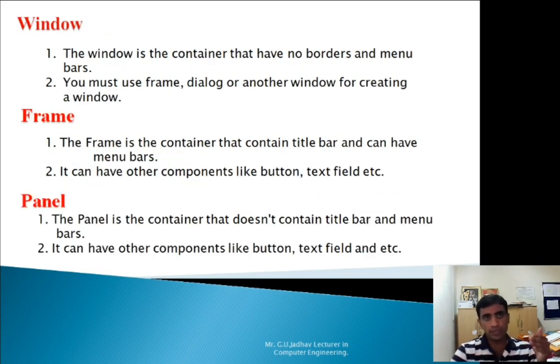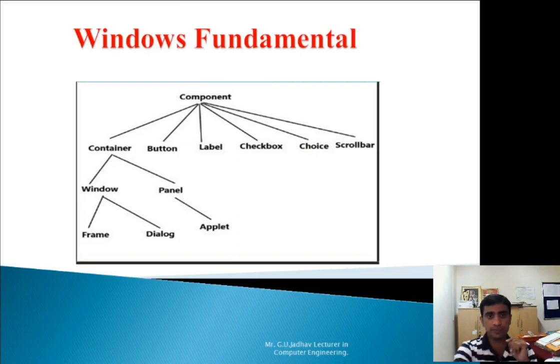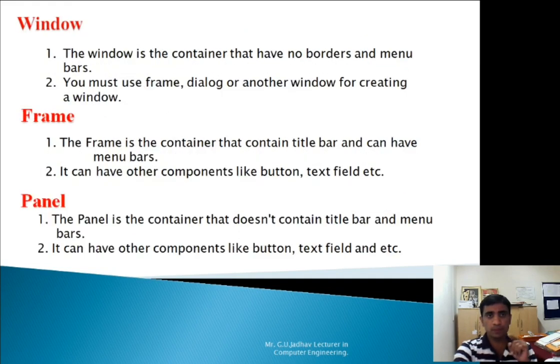Now from the Container class we have derived Window. Window is a child class of Container. Now what is the meaning of window? The window is a container that has no borders and menu bars.